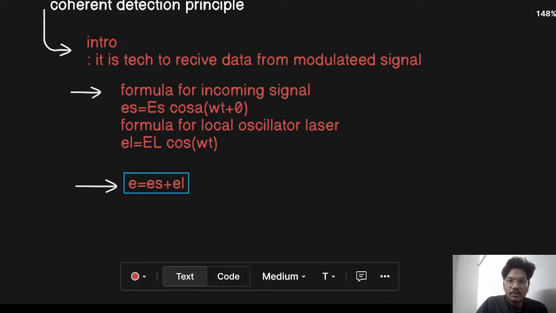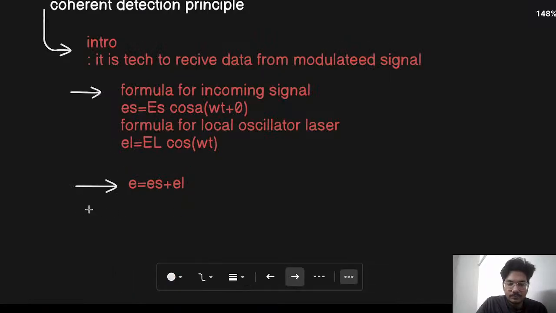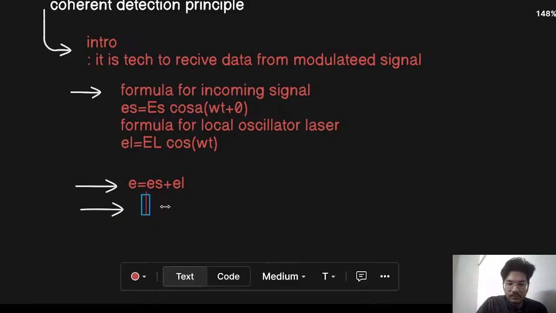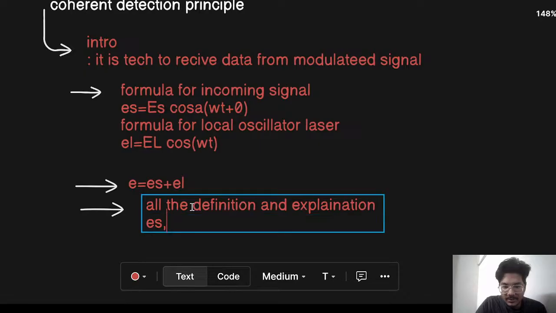All this happens. Understand the definition and explanation of es, el, capital Es, capital El. All these things.